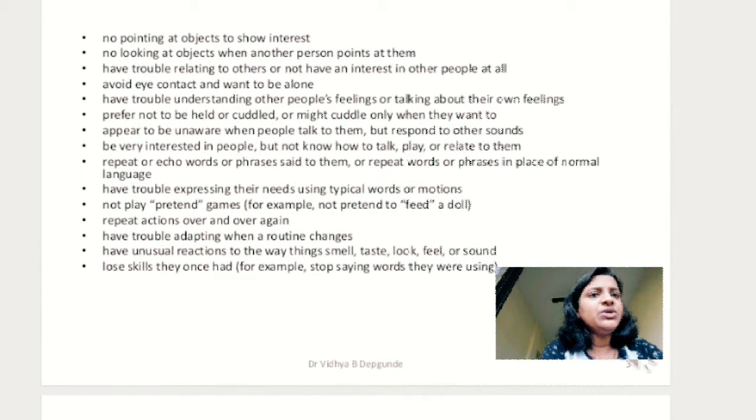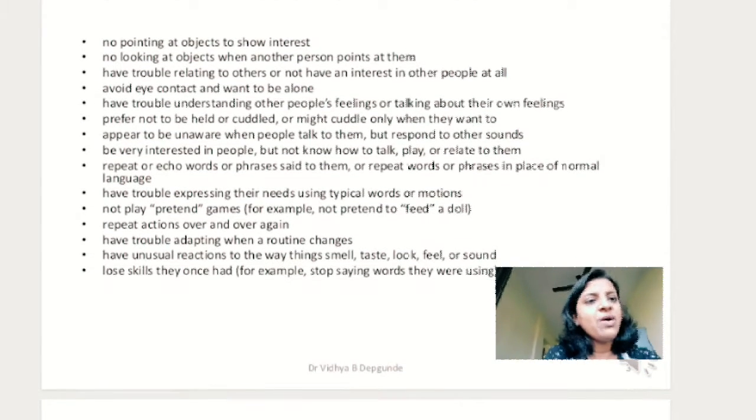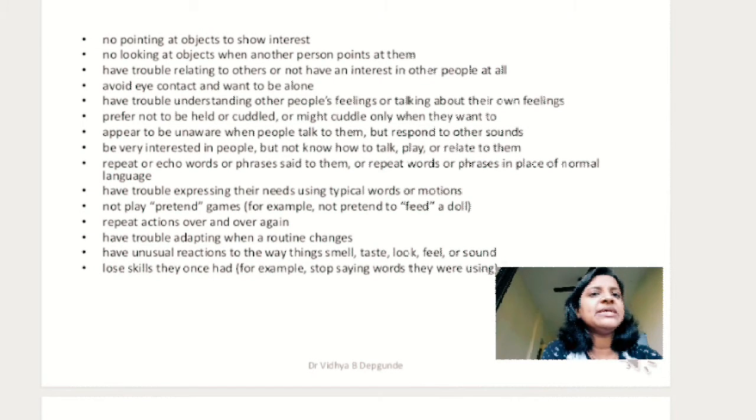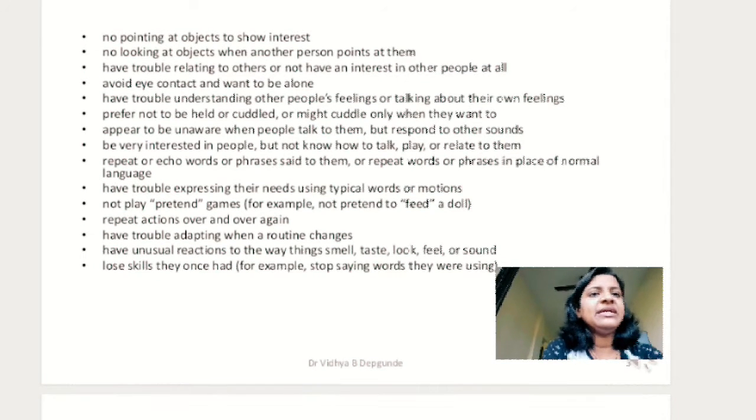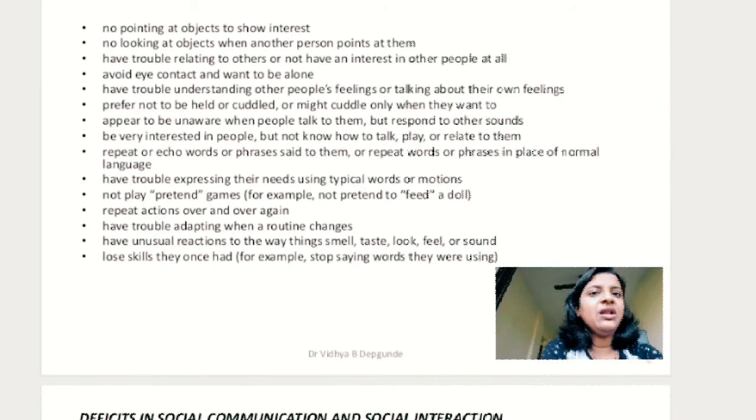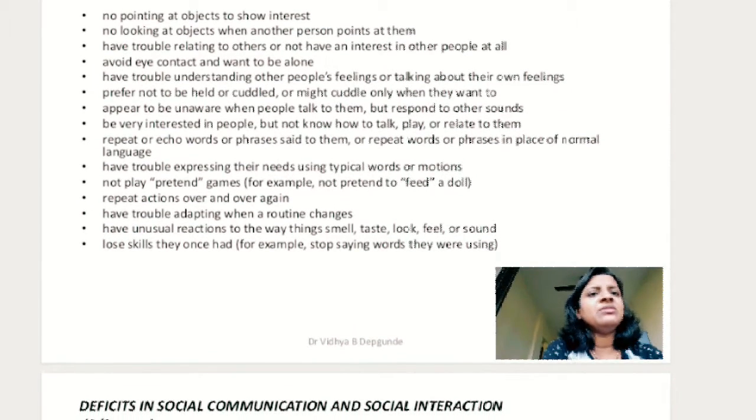They will repeat certain words and phrases said to them again and again, and will not use speech in a fluent language form, but will keep repeating certain sounds or words. They have difficulty expressing what they feel.